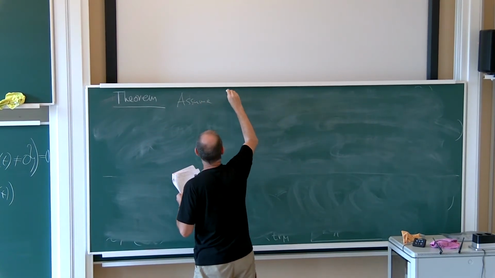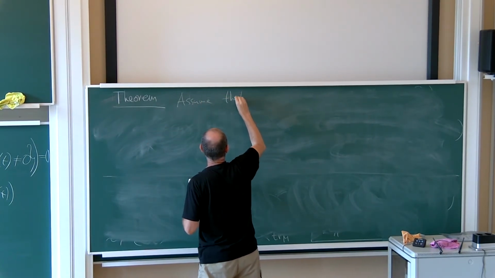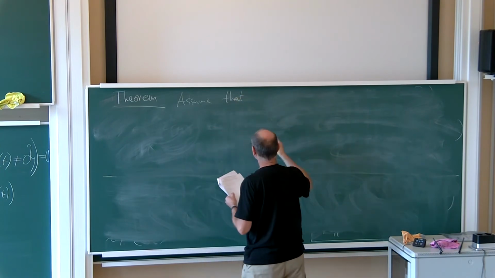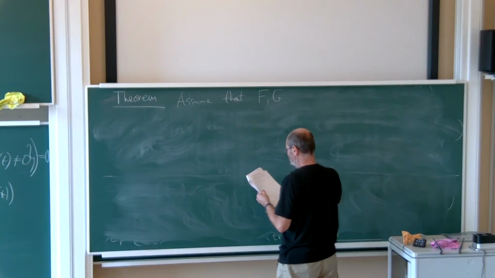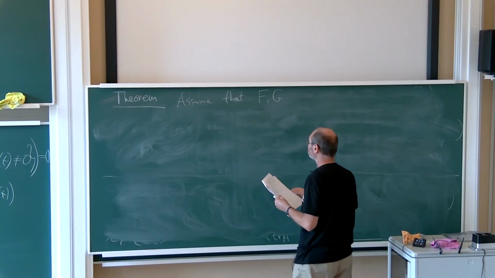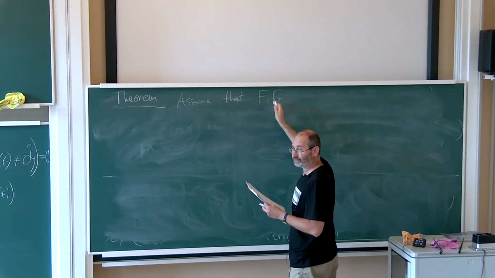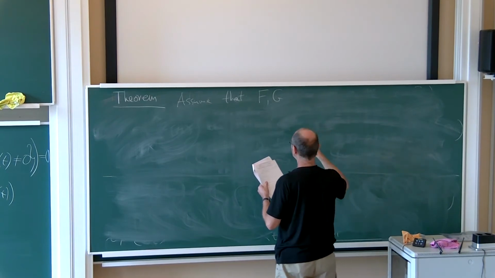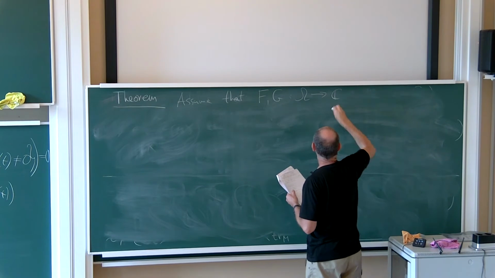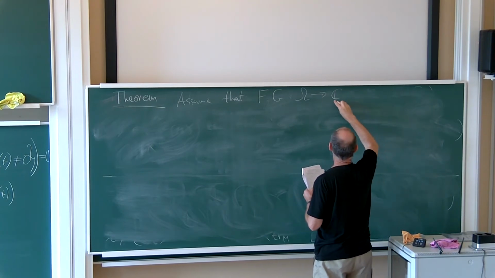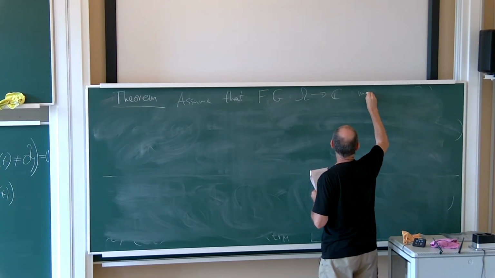Assume that we have two functions, f and g. Most of the assertions will be for one of them, but sometimes we need two. These are measurable scalar functions.